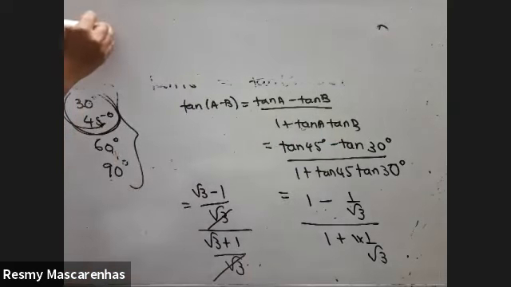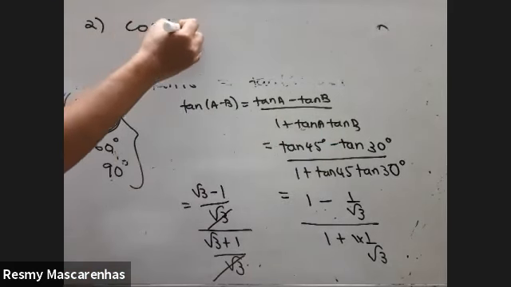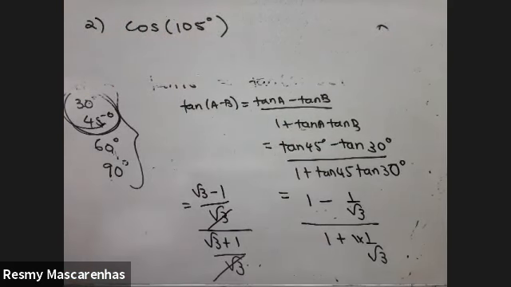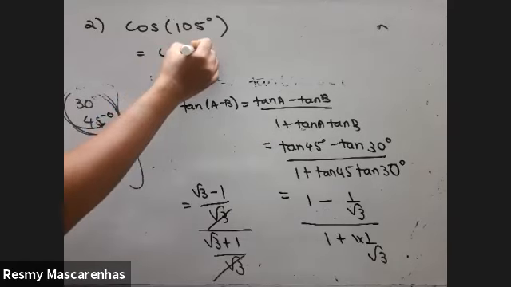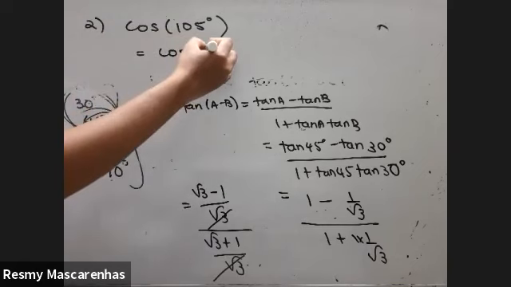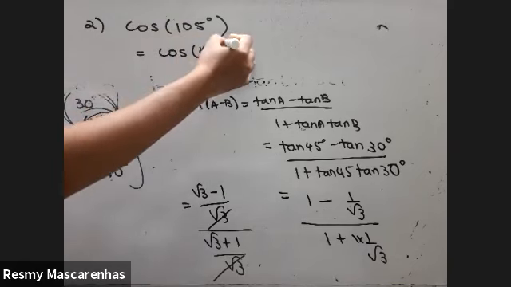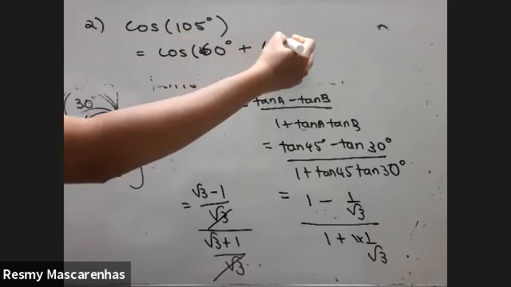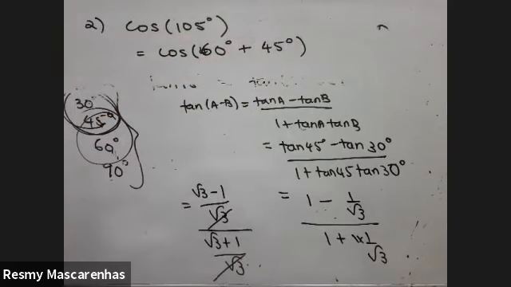now second, find cos of 105. So this will be expressed as cos of, in terms of standard angle, 45, or theta angle first, I'll write. Then you have to know what is the cos of A plus B formula.